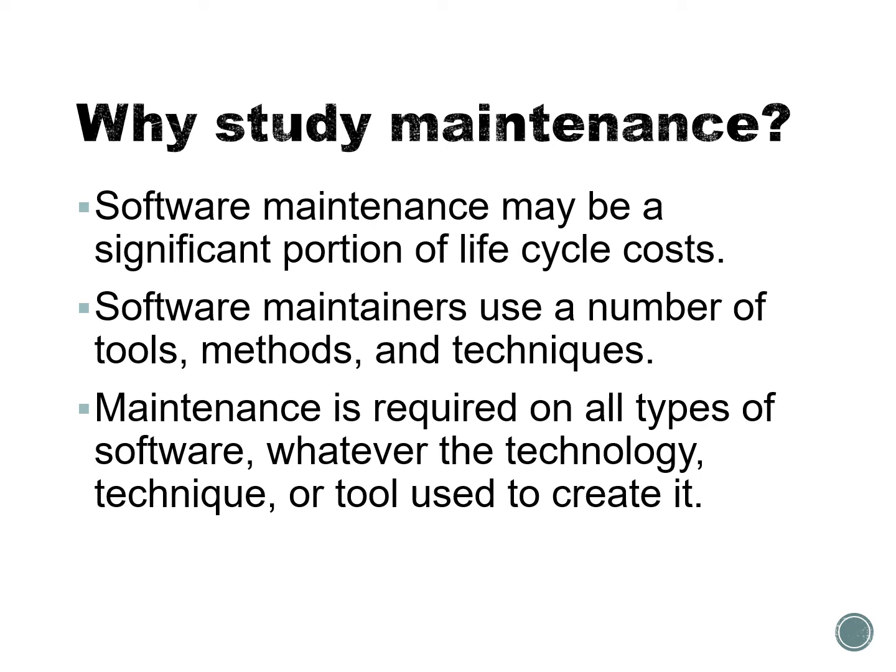In comparison to the first development iteration, or in general the software engineering, software maintenance is a significant portion of the life cycle, and it also has a number of tools which are fairly unique to that area.